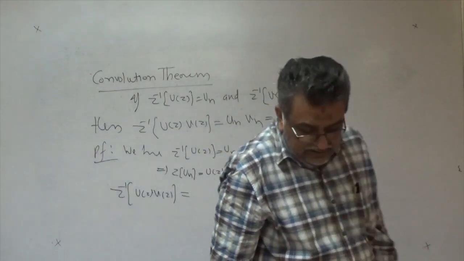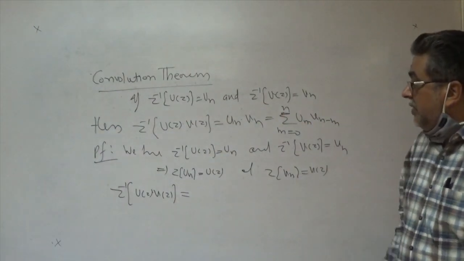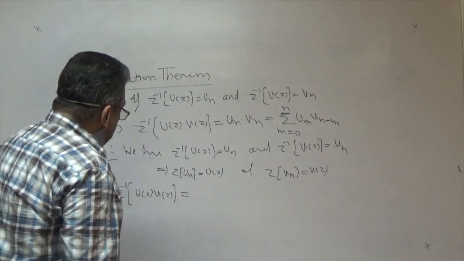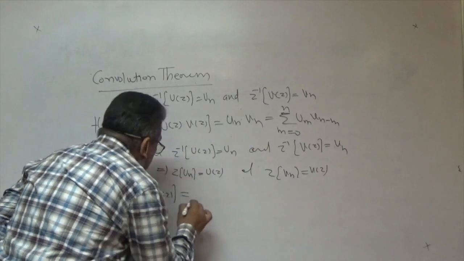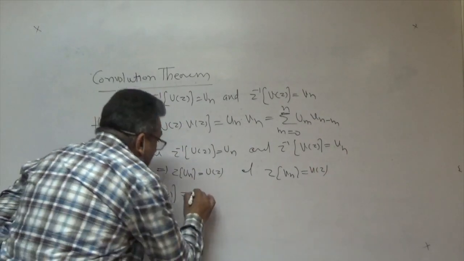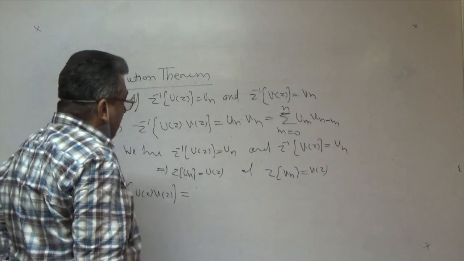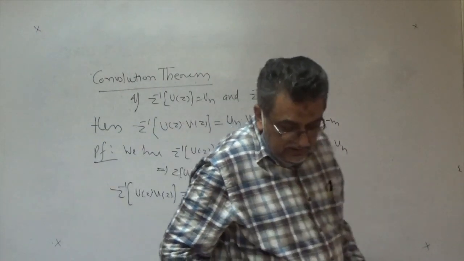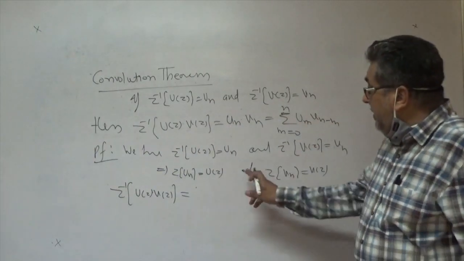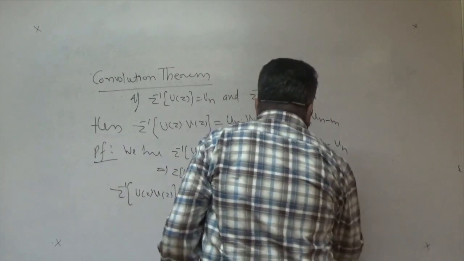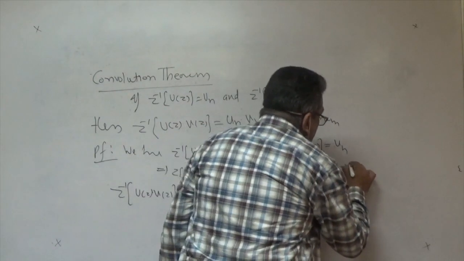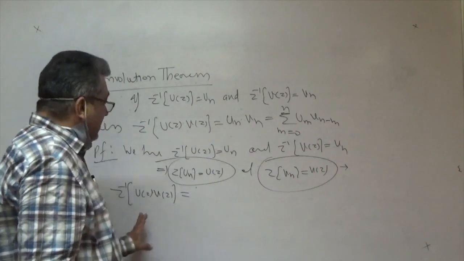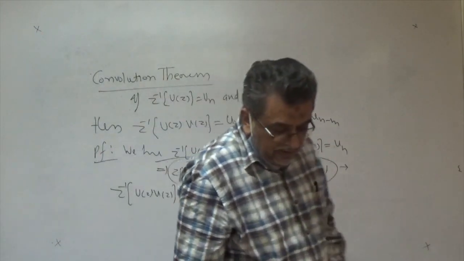If we take the inverse Z transform of u(z) into v(z), what is this? If we expand this in series, u(z) is an infinite series, and v(z) is also an infinite series, and the result is a combination of these series.